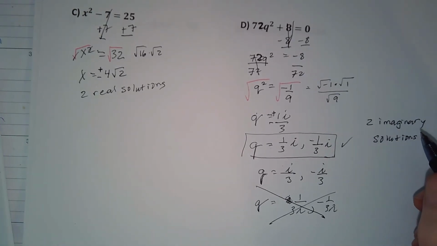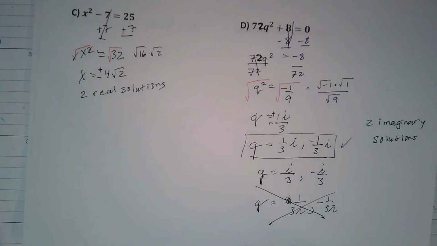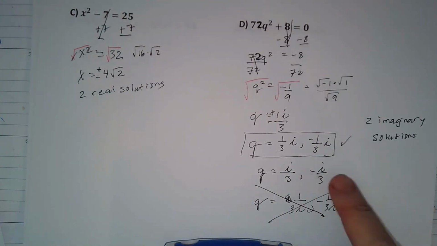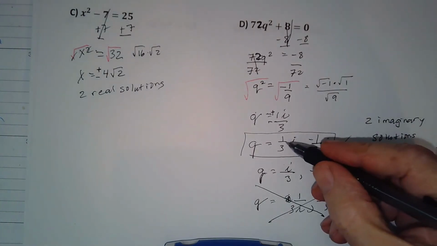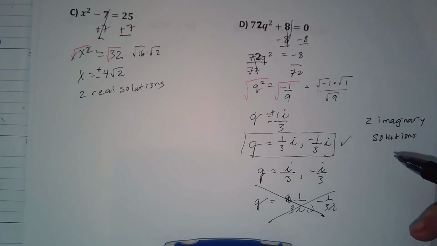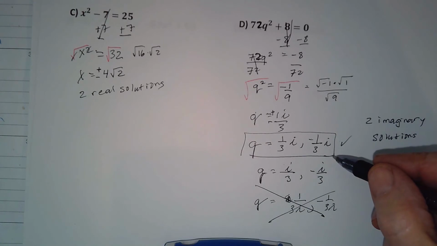Now, with two imaginary solutions, if you try to calculate this, put it into Windows, you're going to see some interesting things happen. So let's just put that in. Let's see. So if I have 1/3 i and negative 1/3 i, how would I put that in?